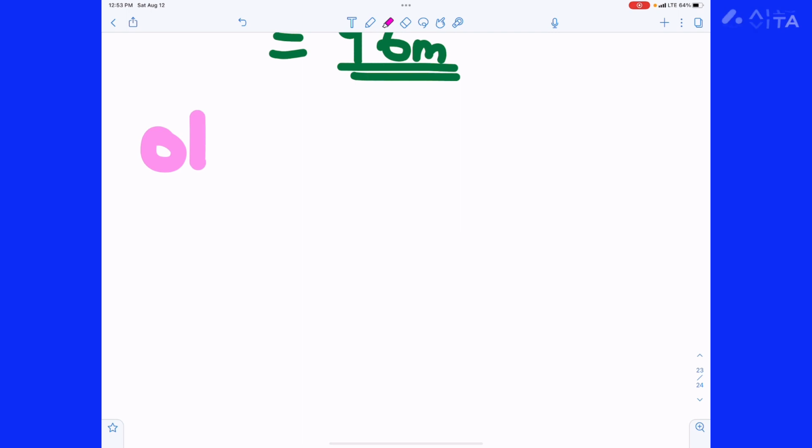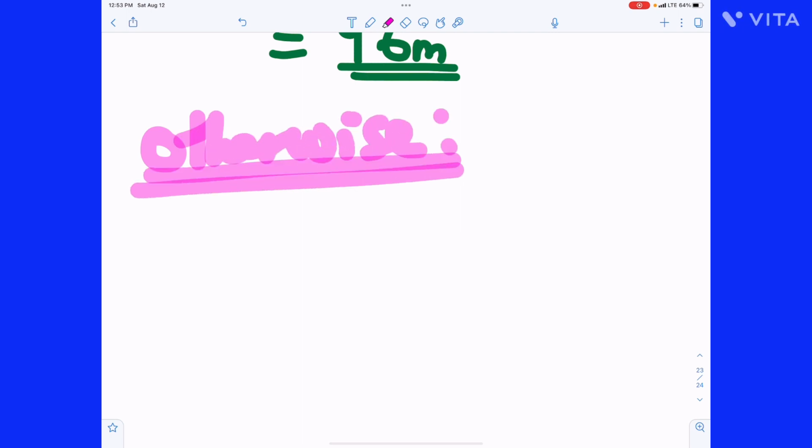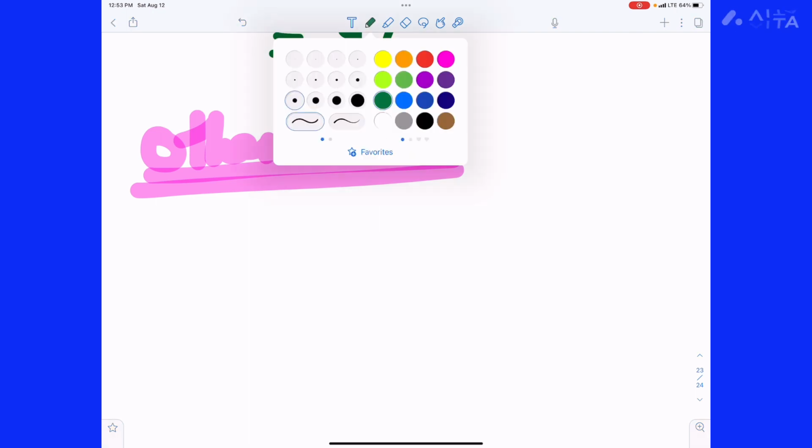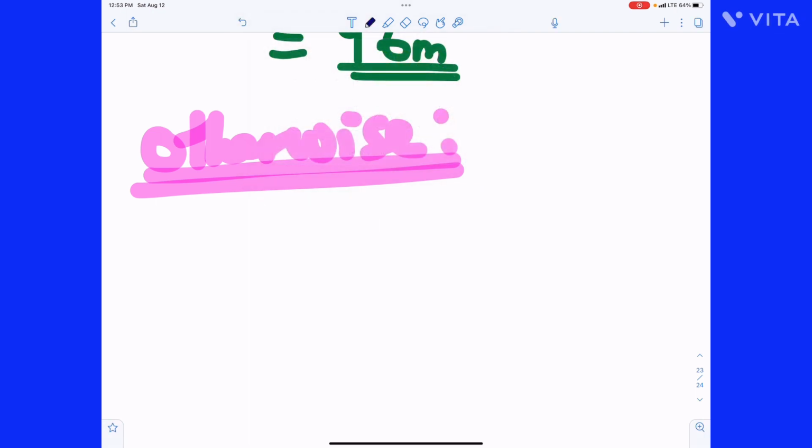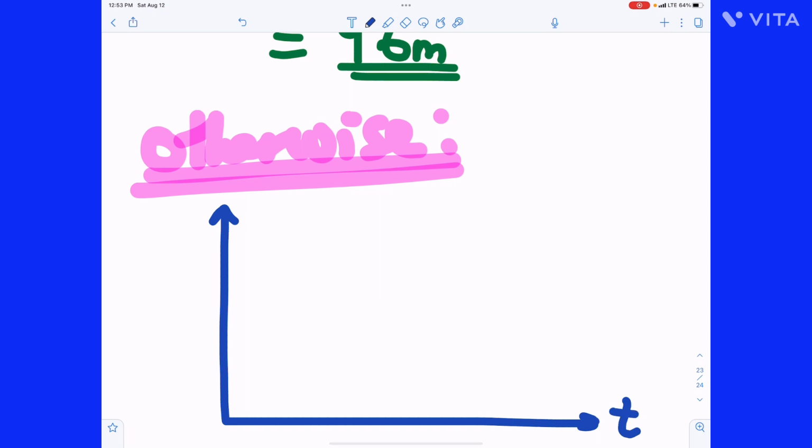We could do it like this too. If we don't want to do it like that, we could also do it another way. Let's say I draw the velocity time graph. If I draw the velocity time graph of that motion, it will look like this. Time in seconds, velocity in meters per second.